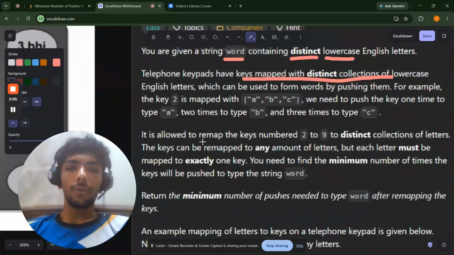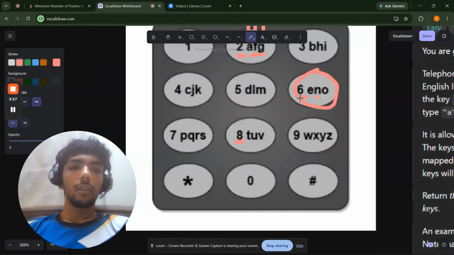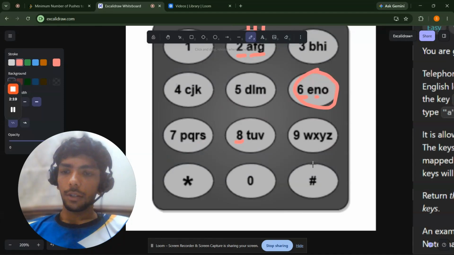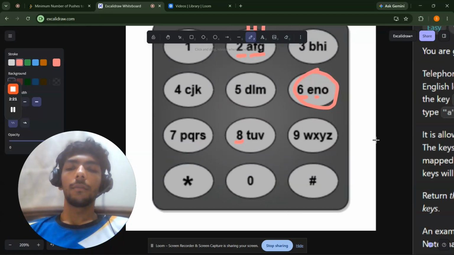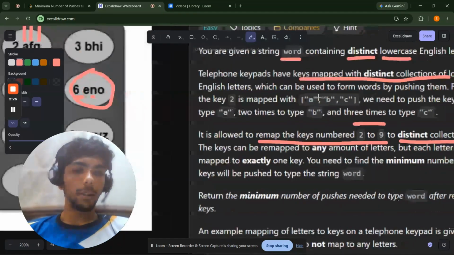It is allowed to remap the keys number 2 to 9. We can remap from 2 to 9 only, and we need to remap the keys to distinct collections of letters. Here, no two keys can have the same collection of letters, and each character is mapped to only one key.